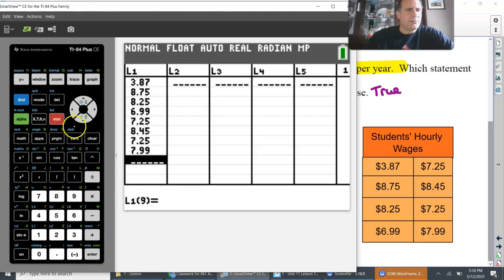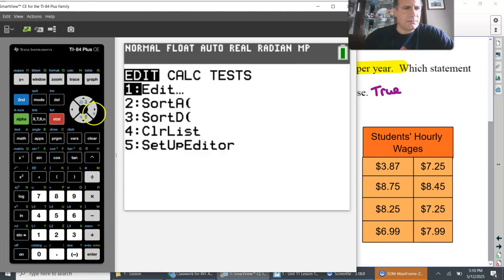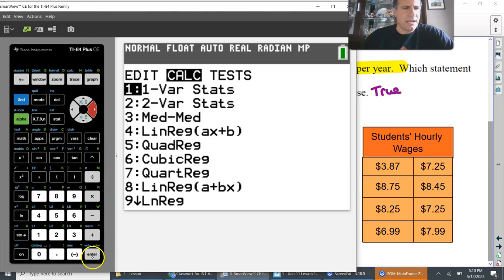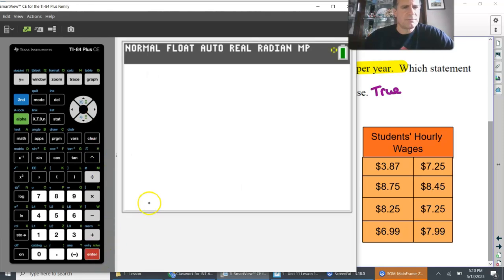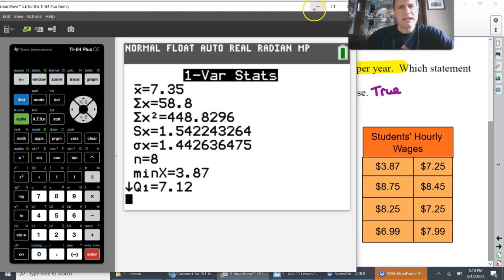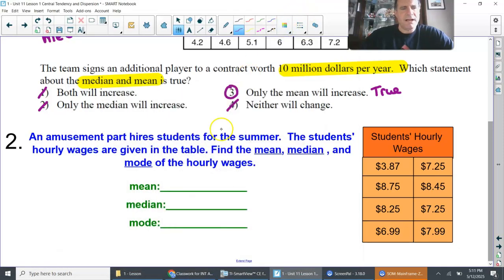So we're going to find a whole bunch of things here. We're going to enter, and we're going to go over to calc. We're going to leave it on 1-var stats. We're going to enter it 3 times, and there it is. That's the mean, 7.35.